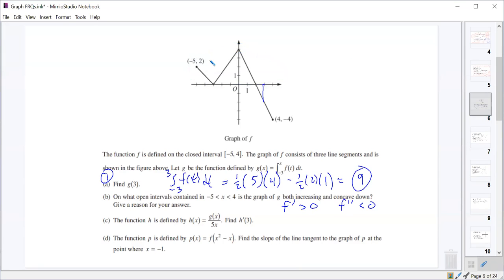Or sorry, not f prime, g prime, which is f, and g double prime, which is f prime. So f prime is positive up here, and then f is positive up here, and f prime is positive whenever these slopes are positive. So that's just this section from -3 to 0.